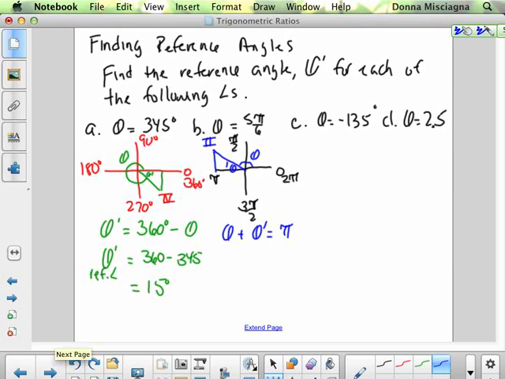So if we subtract our principal angle from pi, we'll get the reference angle. The reference angle is pi minus the principal angle, which means pi minus 5 pi over 6. And of course, pi is the same as 6 pi over 6. So our reference angle is pi over 6.